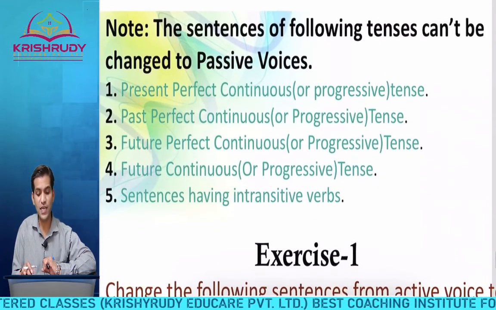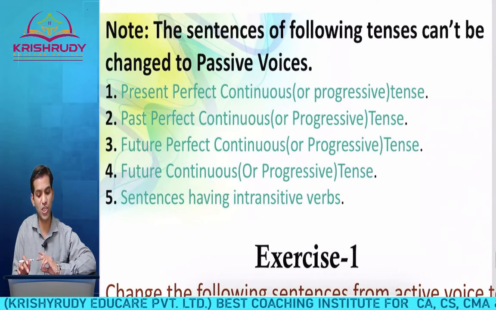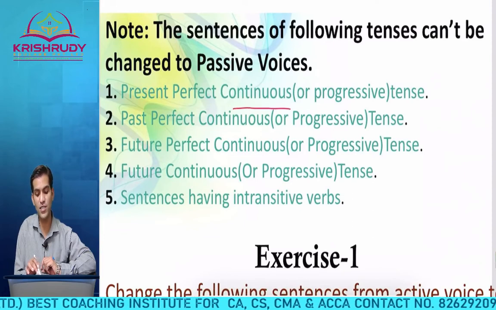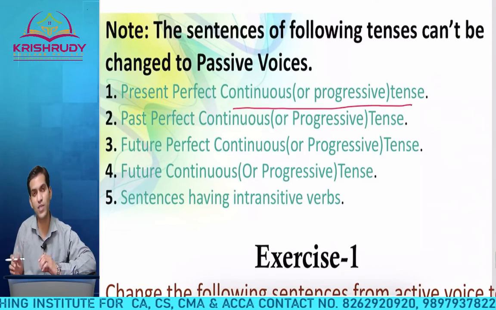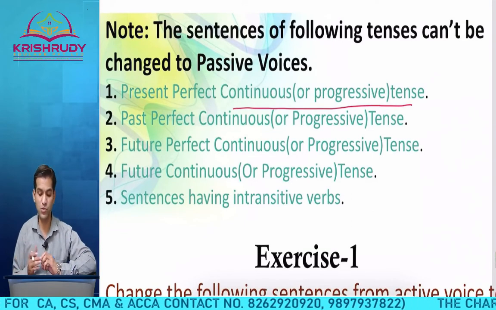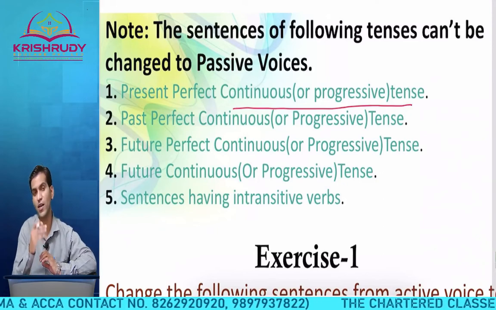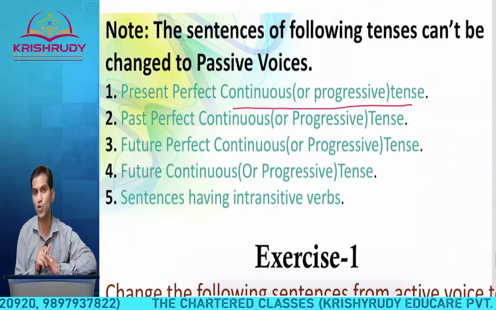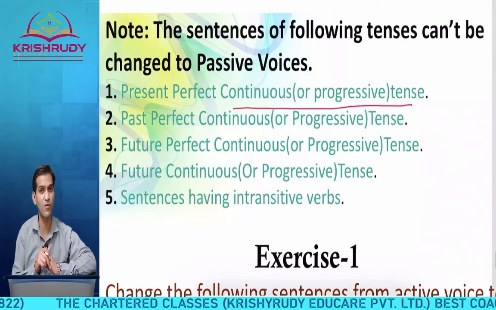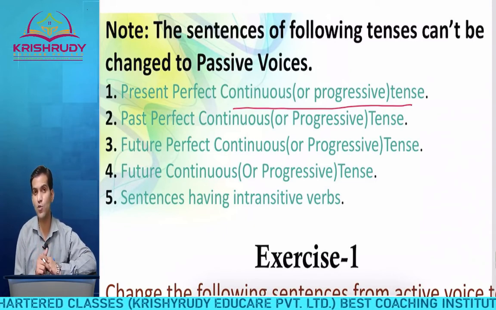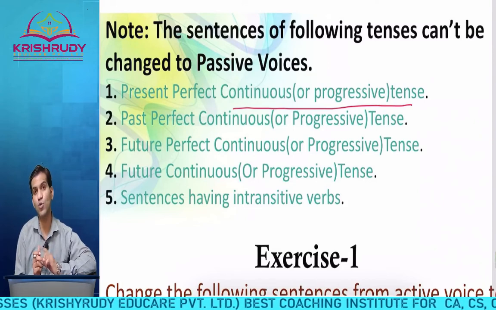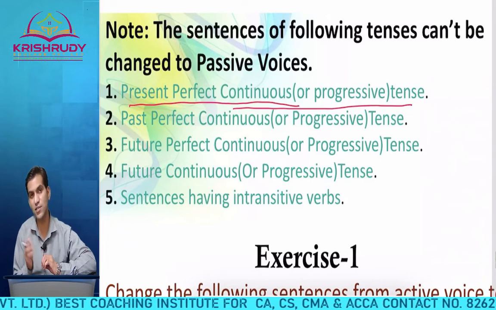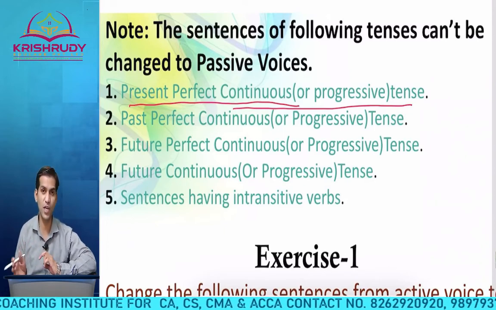Now note, the sentences of the following tenses can't be changed to passive voice. You can see here, present perfect continuous tense cannot be changed into passive voice. As we read earlier, most of the sentences we change into passive belong to different tenses. But when you try to transform a present perfect continuous tense sentence into passive, it will be quite difficult.